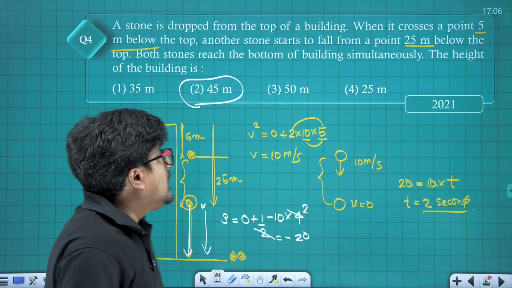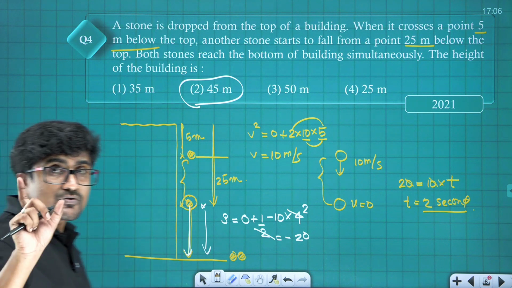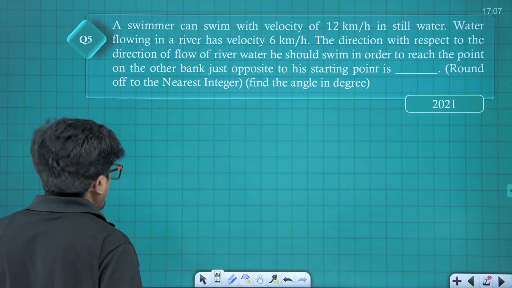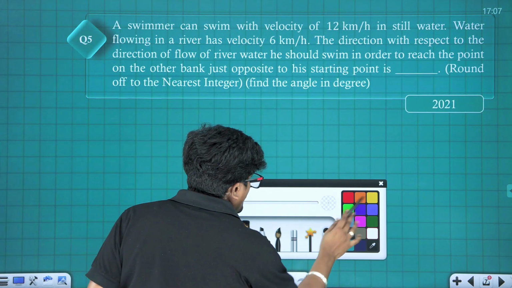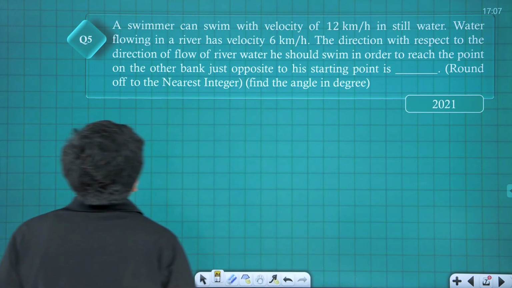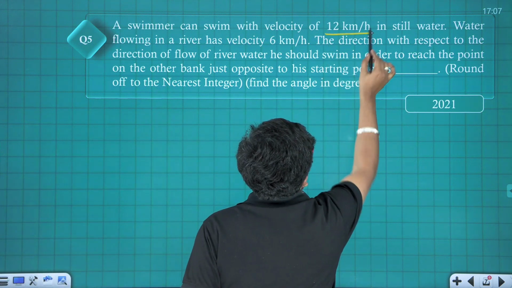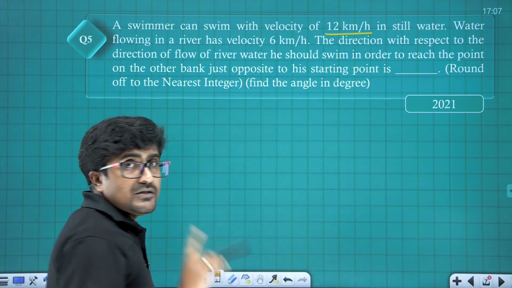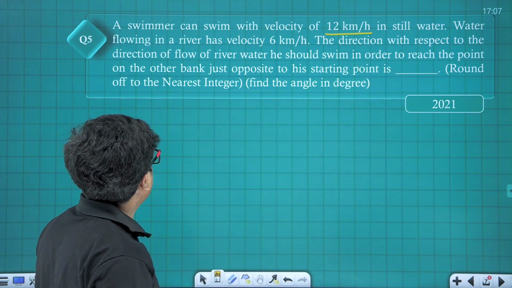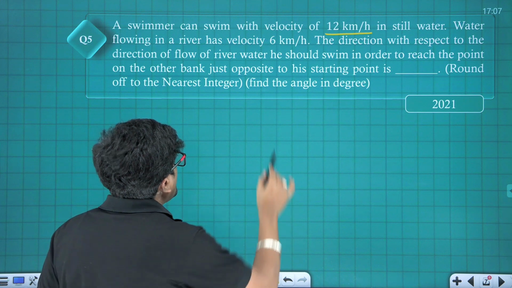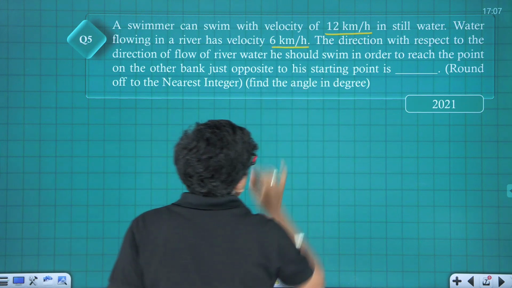Was that okay? Was that fine? Now let's take you to the next, that is question number 5. Question number 5 says, a swimmer can swim with velocity of 12 km per hour in still water. Water flowing in the river has velocity of 6 km per hour.